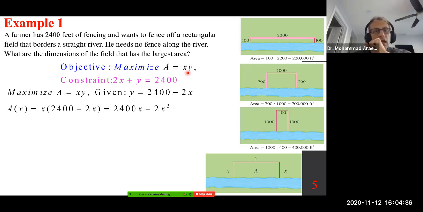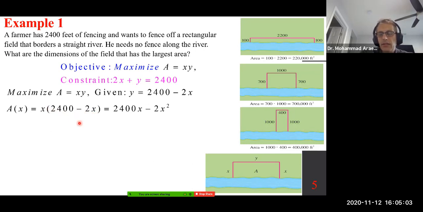Now, you always have to figure out the domain. The domain is what? Because it's a dimension, obviously, x has to be positive. Okay. Now, what else? If you look at the parentheses here, 2,400 minus 2x, when you set this equal to 0 and you solve, you get 1,200, which means if you pick a number larger than 1,200, it makes the parentheses negative.